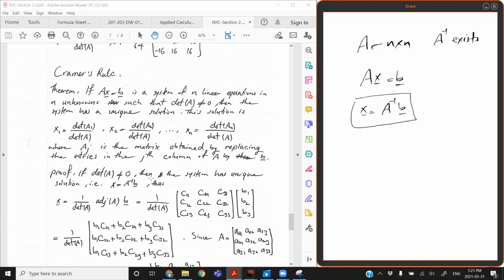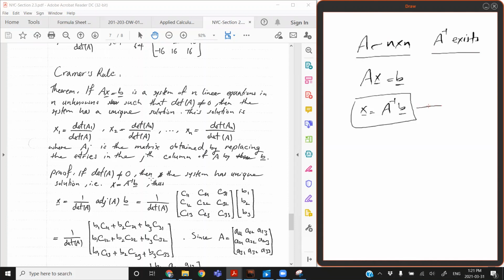So it's a very limited method of solving a system. It will only work in case you have an n by n matrix for the coefficients, that is, a square system with the same number of variables as equations, and also A inverse must exist. So the system must have a unique solution so that Cramer's rule works.